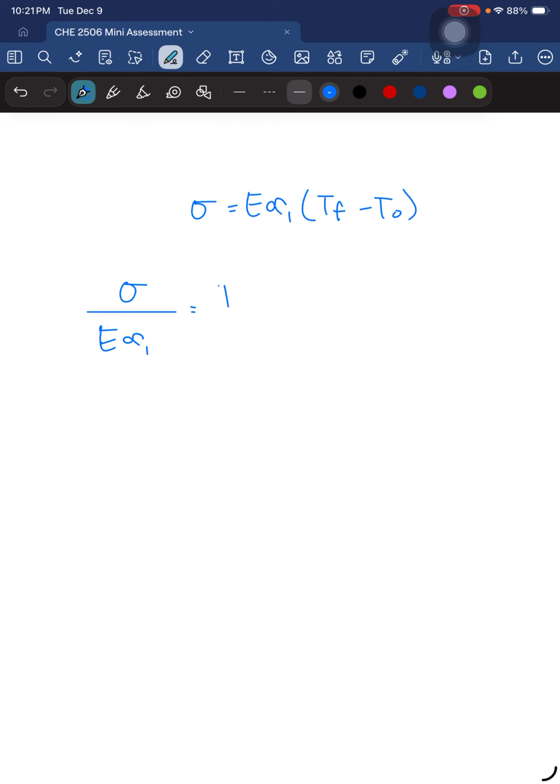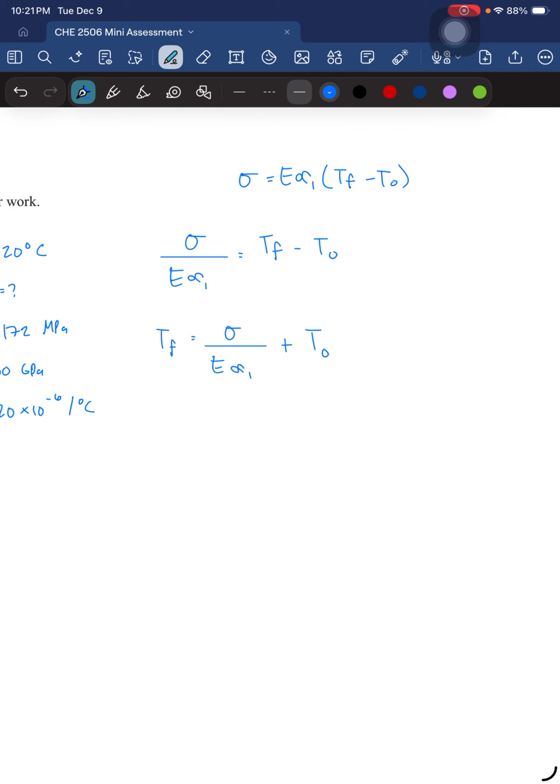It would be equal to TF minus initial. And then we're just going to finalize our formula: the final temperature would be equal to stress over E times the linear coefficient, plus the initial temperature. That's going to be our formula.